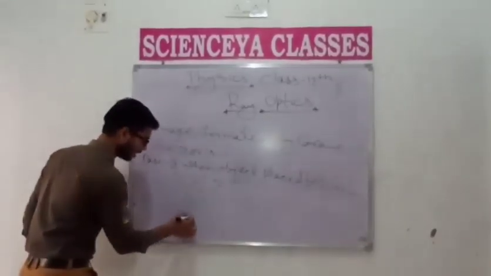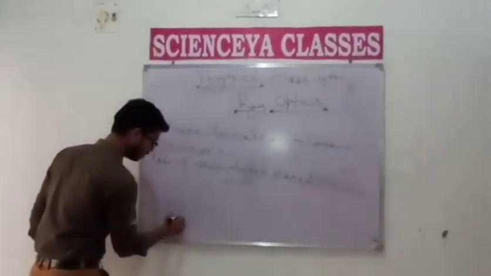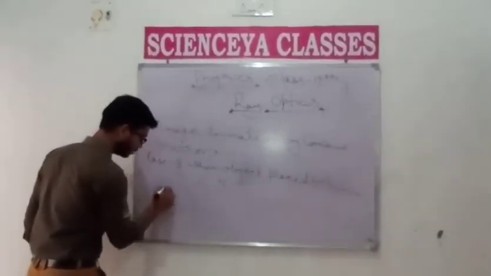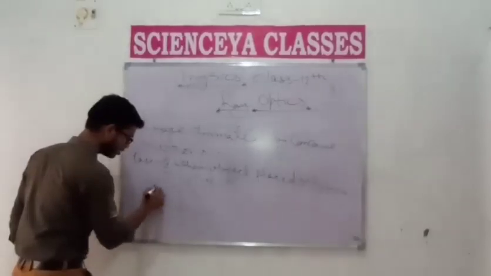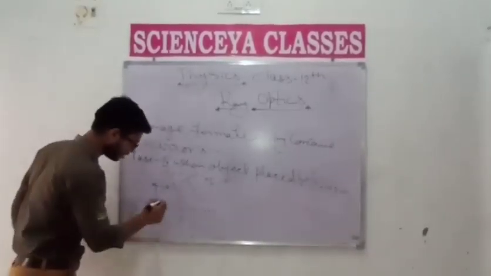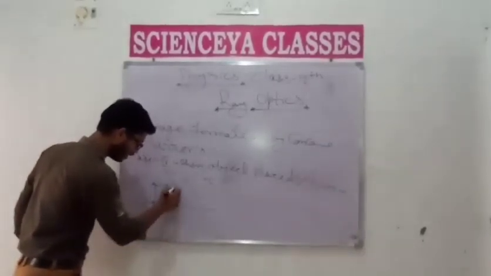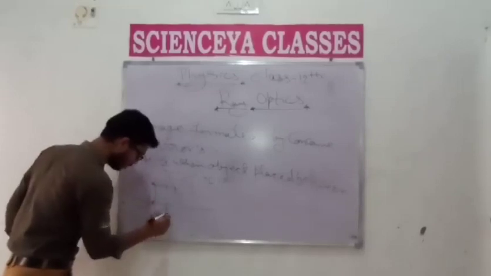So student, let us draw the diagram of this condition. This is the center of curvature, this is the principal focus, and the object is here. So student, simply I draw a ray parallel to principal axis, and after reflection it must pass through principal focus.